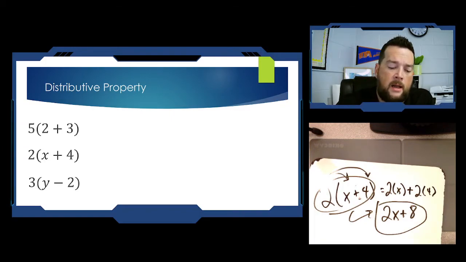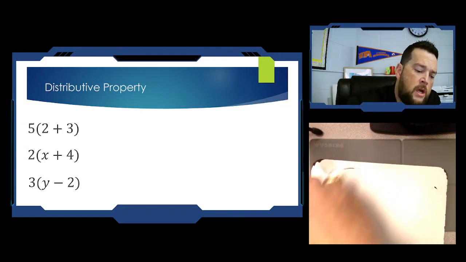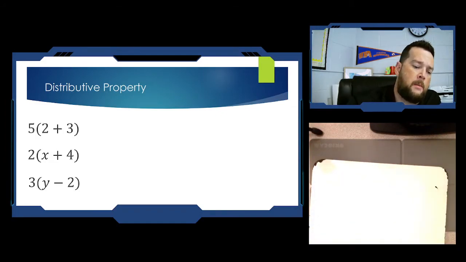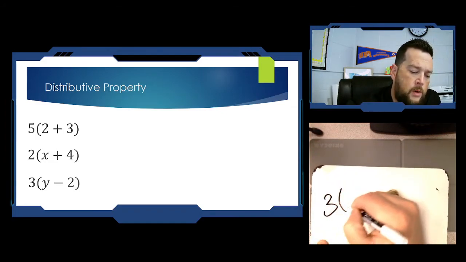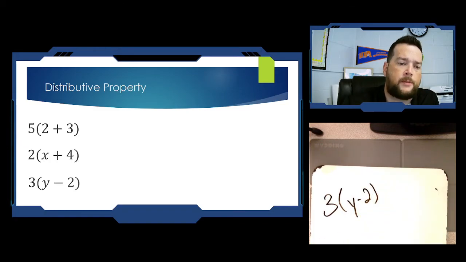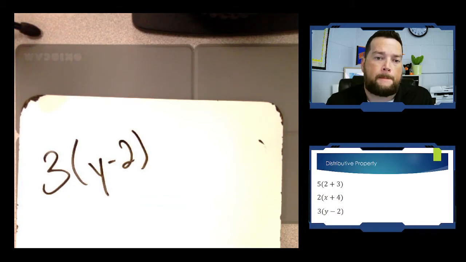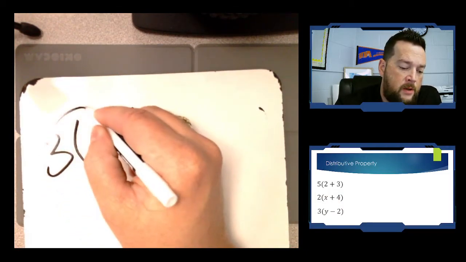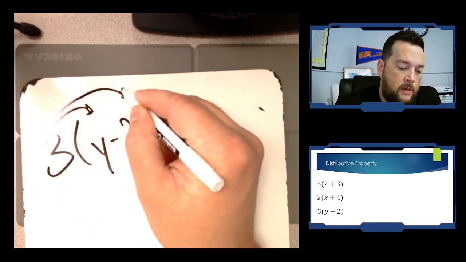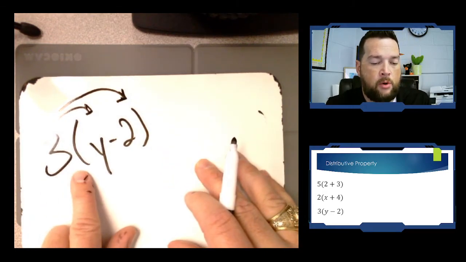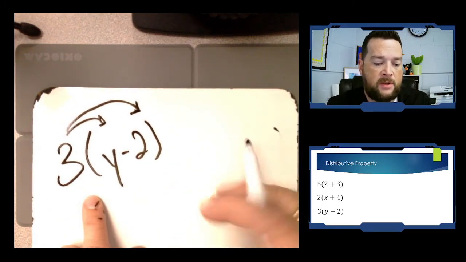All right, let's take that last one, which is 3 times y minus 2. 3 times y minus 2, all right? And I'm going to make the whiteboard a little bit bigger. Okay, so again, we're going to apply the distributive property to everything on the inside of the grouping, right? Because this is a multiplication here, so we have that 3 times everything in there.